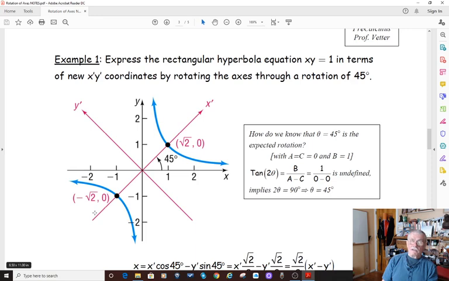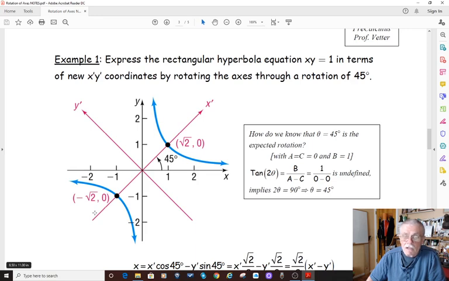So what we want to do, and the whole purpose of this, is to do a rotation through an appropriate angle. It turns out that's 45, and I'll explain why. To do a rotation through an appropriate angle to transform the hyperbola into one that we're more comfortable dealing with in terms of its standard form.